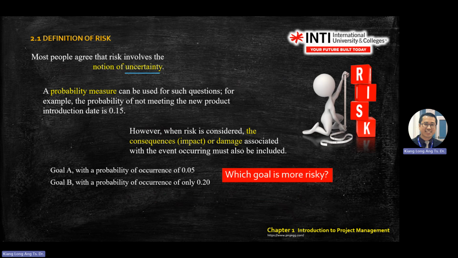So without further explanation, if you look at these two statements, B is a higher risk. However, if the frequency of A is higher than B, A can be more serious than B.